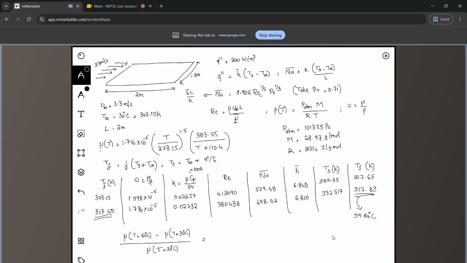So this is actually the film temperature, right? This is around 59.86. Instead of using either 60 Celsius or 30 Celsius, we are using an average of both of them. So the film temperature is the average of 60 and 30, that is around 45 Celsius. So we are using a film temperature of 45 Celsius. You can calculate the error with respect to that also, so you can replace this with 45.